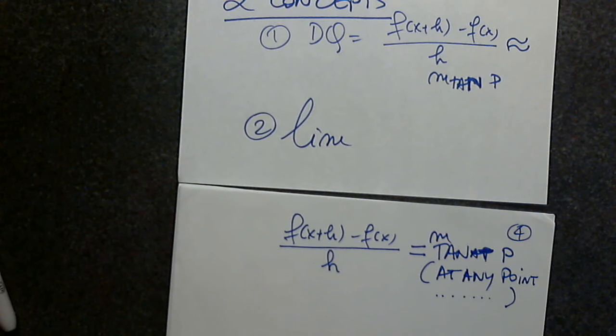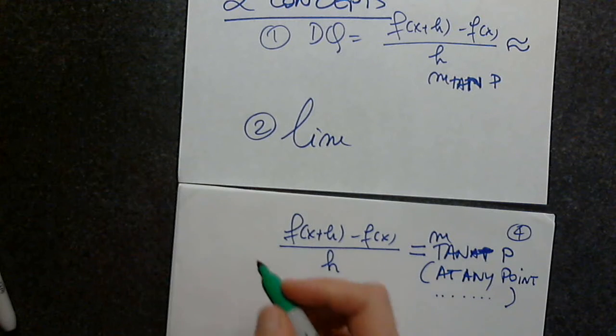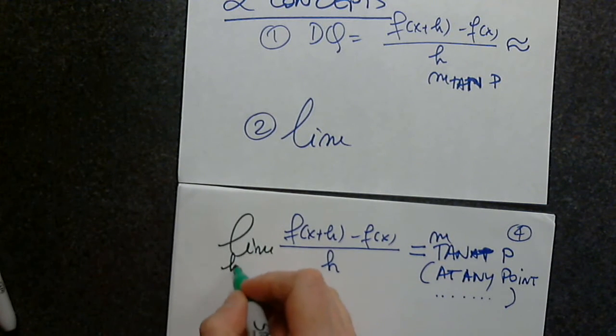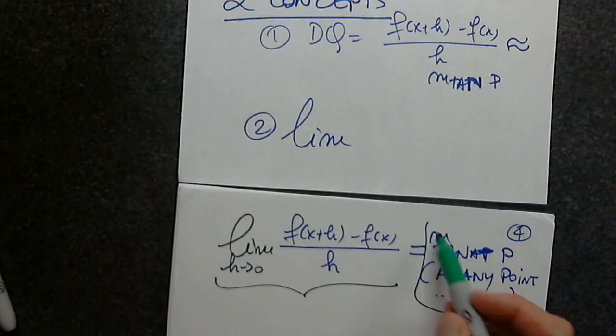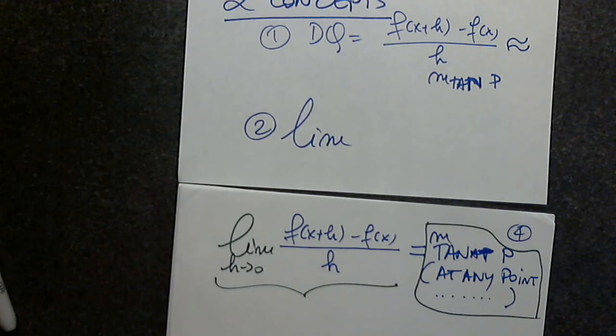I want to put these two concepts together to get to the slope of the tangent line. And how do I put these two concepts together? I put the limit in front of it, as h approaches 0. Once I put the limit, as h approaches 0, of the difference quotient, I determine the slope of the tangent line at any point.